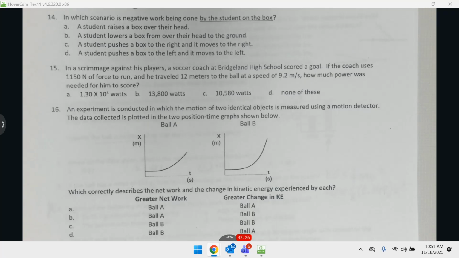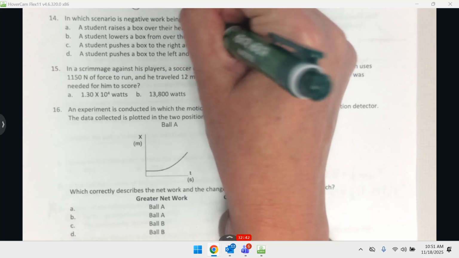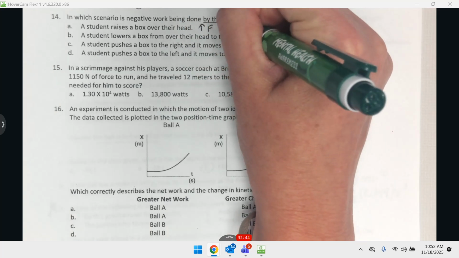Okay, number 14. Number 14 says, in which scenario is negative work being done by the student on the box? We've got some different actions here. It says, a student raises a box over their head. If you're raising the box over your head, your force is upward and so is your displacement.